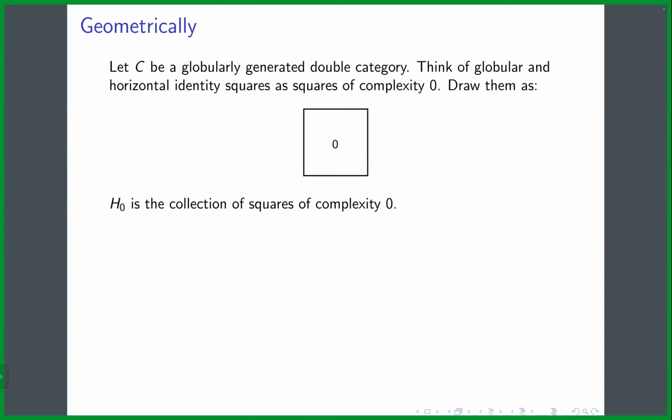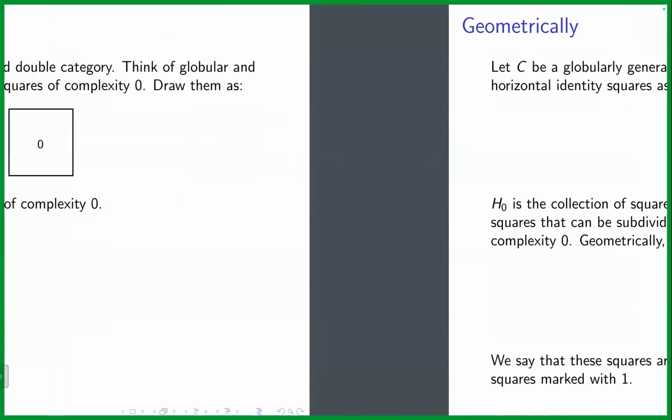So we know everything we need to know about its globular squares and its horizontal identities. So we think of those squares as being of complexity 0, the easiest possible squares. So we draw them as squares marked with a 0. So the set H0 is a collection of squares of complexity 0.